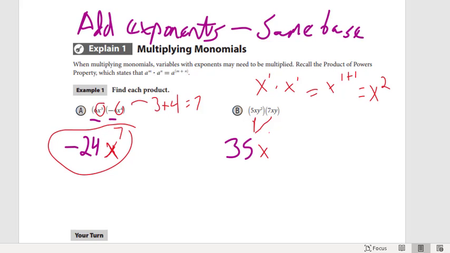So it's 35x squared. And then y squared times y, we have to take each piece that has the same base and multiply it together. So y squared times y is y to the third. 2 plus 1 is 3. So this one is 35x squared y to the third.